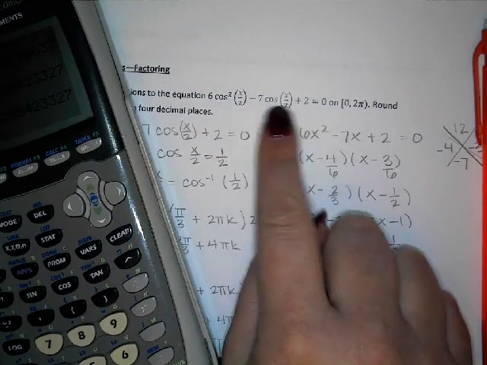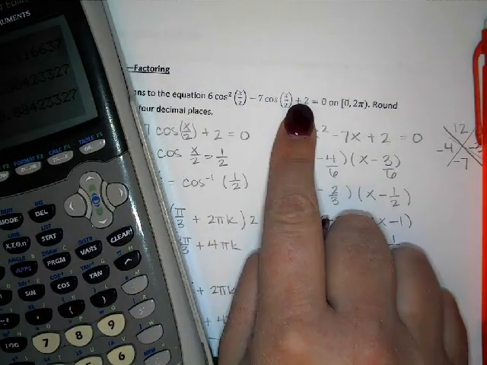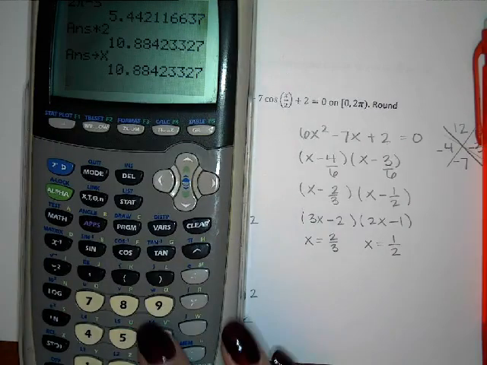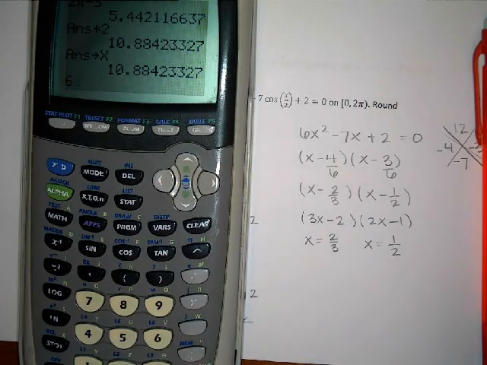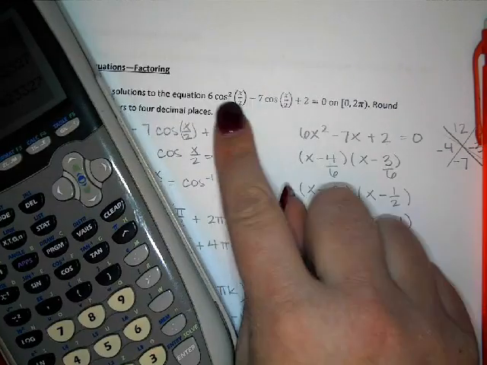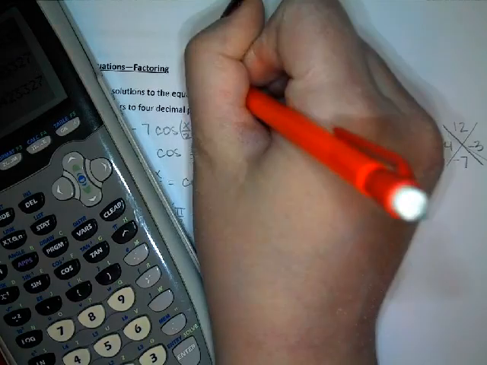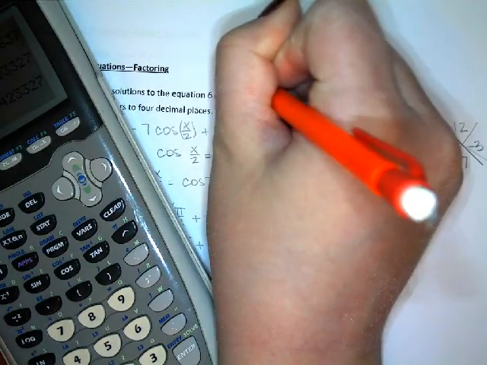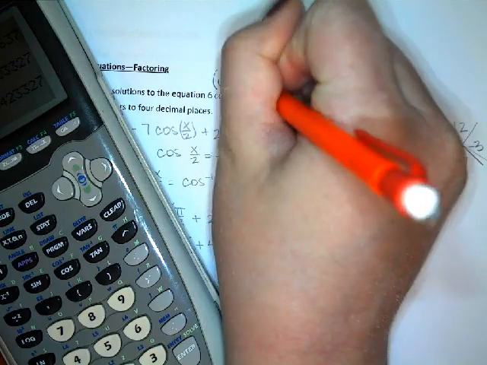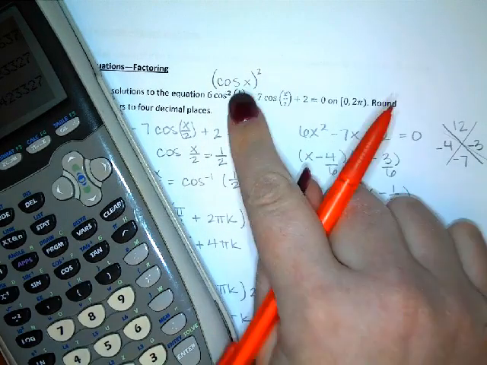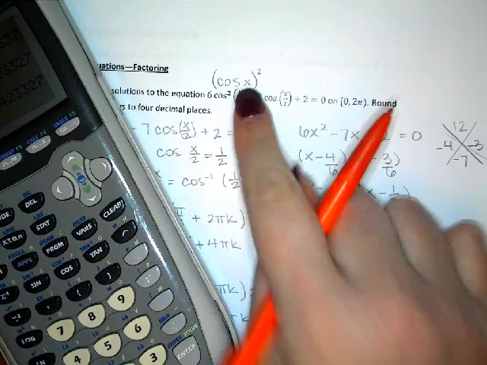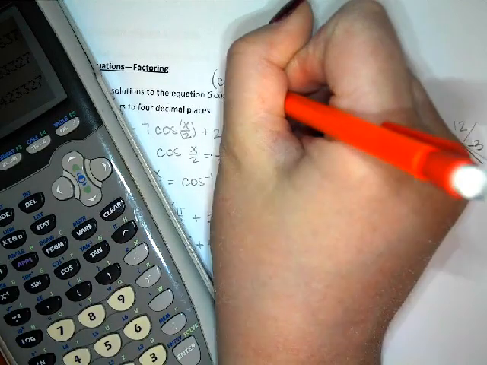So 6, cos squared of X, remember that this just means that you're taking cos of the angle and you're squaring it. That's what that notation means, but the angle happens to be X over 2. So it's cos of X over 2, and then that whole thing is being squared.